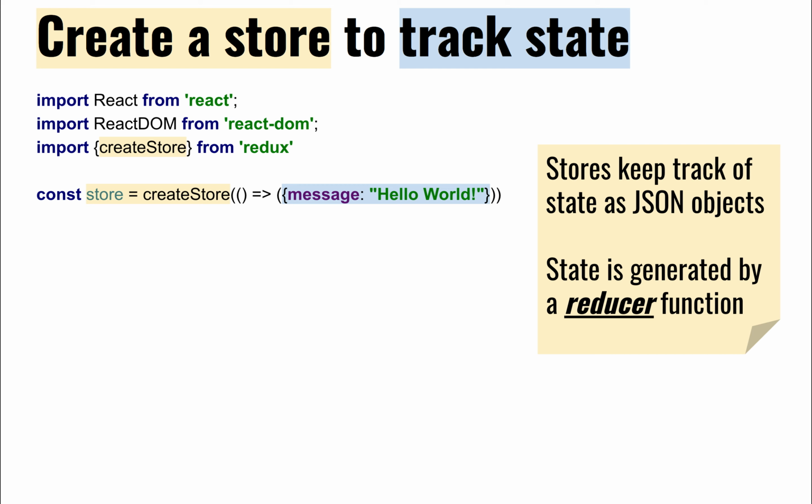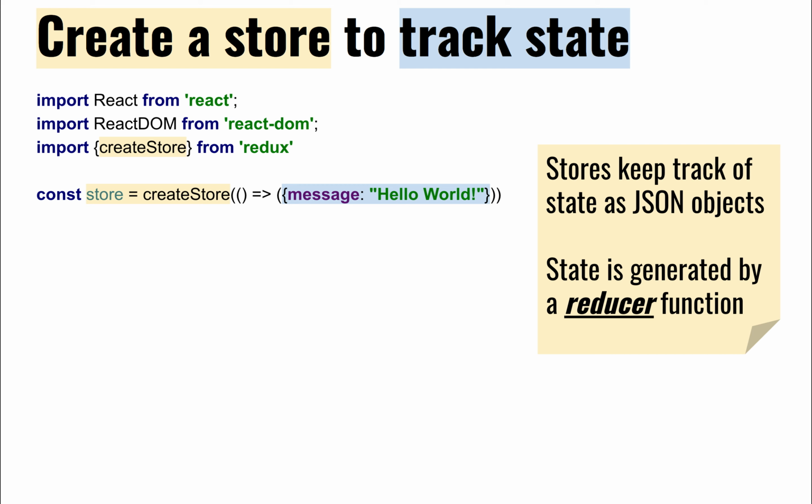So basically here we have the state represented as a plain old JSON object, just as a static JSON object. It's not changing, right? And the message says that it's hello world. Notice that it's wrapped inside of a function. See that? That function is what we're going to refer to as the reducer.